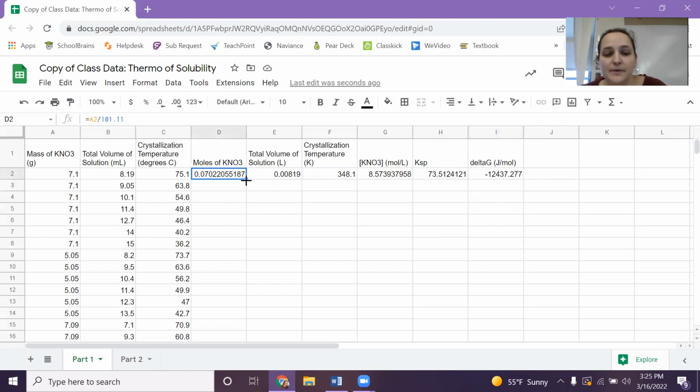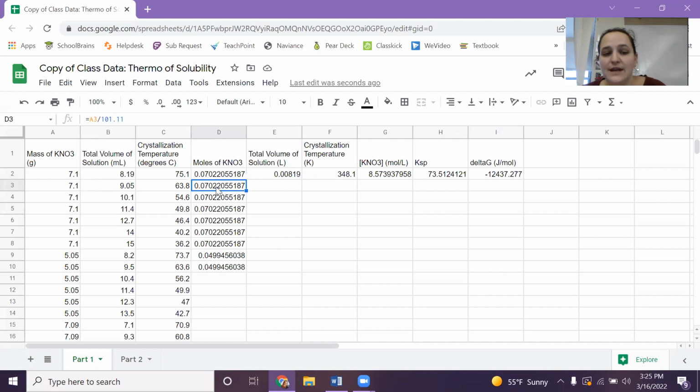When you highlight a cell, you will notice that there's this little box in the bottom right-hand corner. If you click on that and drag it, it's copying the same formula down. But notice that the value isn't always the same because it's not referencing the number 7.1, it's referencing the cell A2.